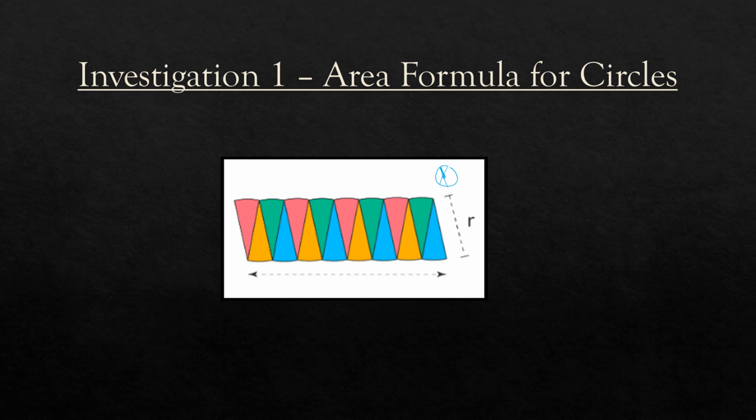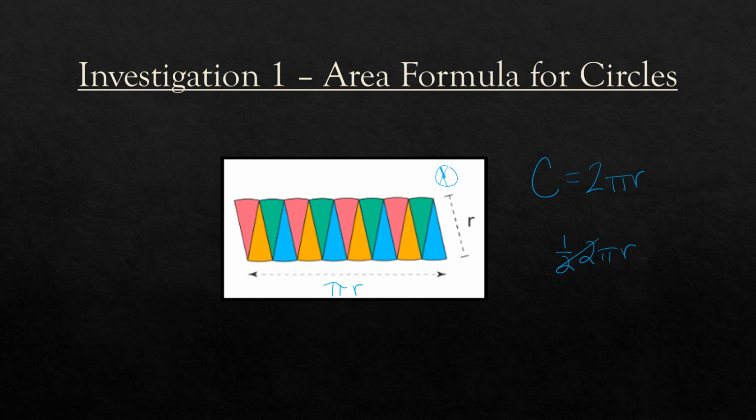Well, we have half of the wedges on the outside on this bottom and half of the wedges on the outside on this top. So if the entire circumference was 2 pi r, we have half of it on the bottom and half on the top. So we have half of 2 pi r, which means we have pi r down here on the bottom.